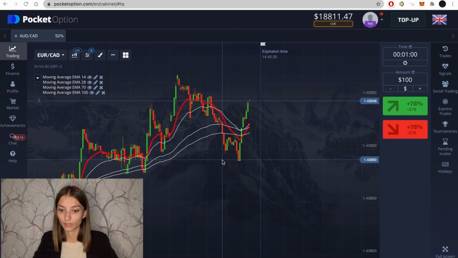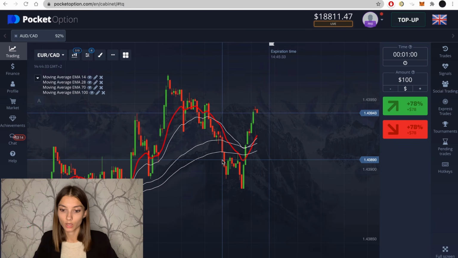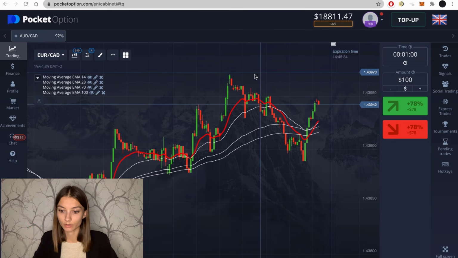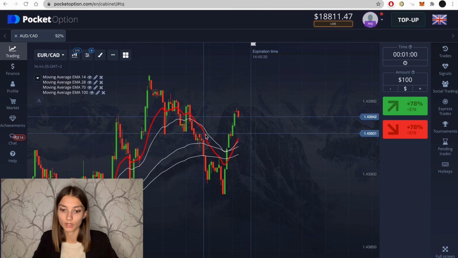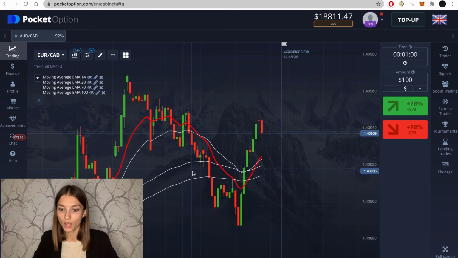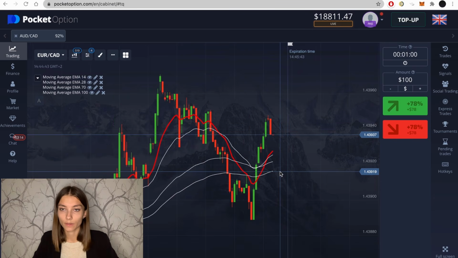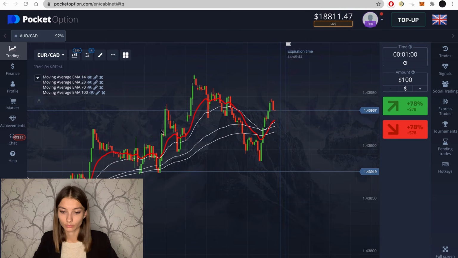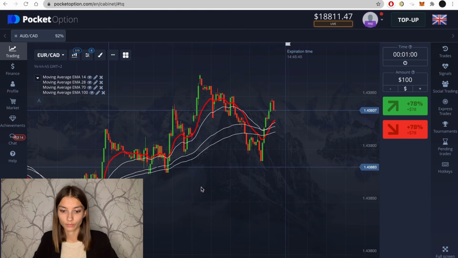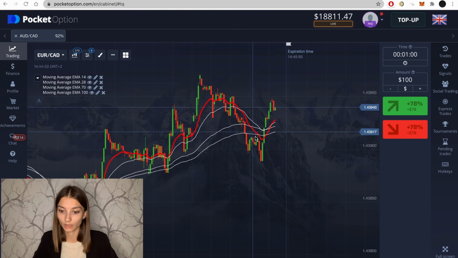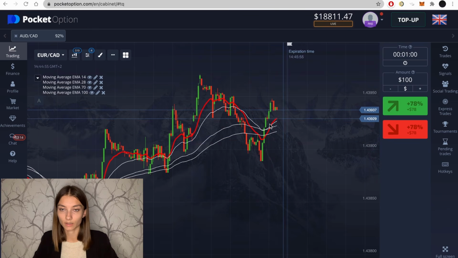Here I most likely won't open a deal because these 3 moving ones of white color have merged at this point, and this is not a very good sign. You should think about it. It's necessary that the red moving line clearly crossed first, then the second, and then the third moving line.